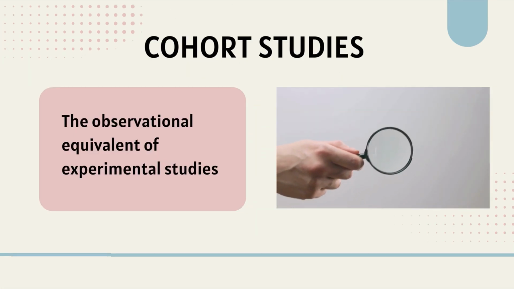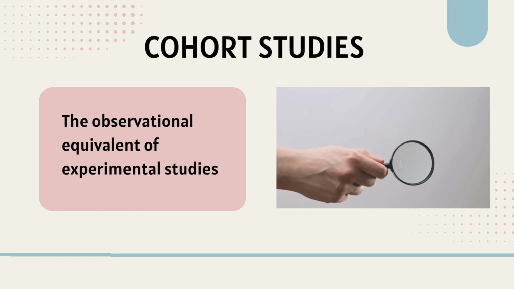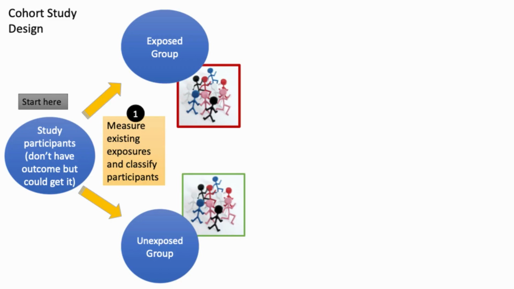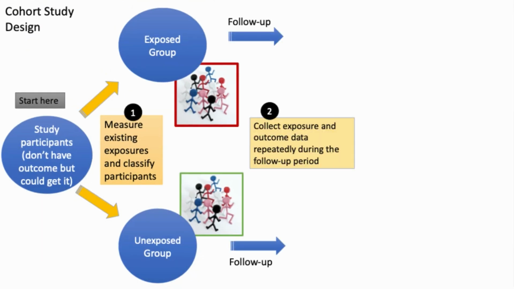Next, let's talk about cohort studies. Cohort studies are observational. They are, in fact, the observational equivalent of experimental studies. When we look at how cohort studies are conducted, they are conducted almost exactly like experimental studies. Eligible participants are those who don't have the outcome, who are at risk. But now, instead of assigning participants to exposure groups, investigators assess what exposures are happening in the real world and measure those, and use those to categorize participants into an exposed and unexposed group.